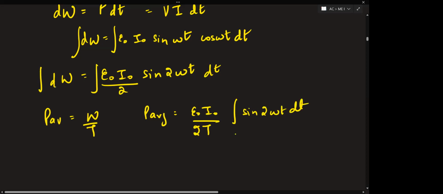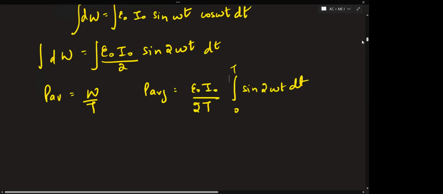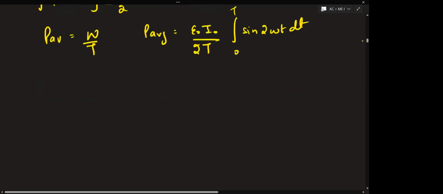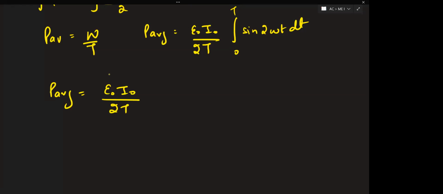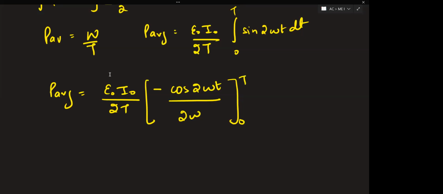And obviously we are calculating it for a complete cycle, dissipated per cycle. Now simple integration, this type of integration we have already discussed. E naught I naught by 2T is a constant. When you integrate sine 2 omega t, a negative sign comes, then you have cos 2 omega t, and the constant term 2 omega gets in the denominator. This we have discussed a lot of times. If you still have any confusion, let me know, I'll repeat it.